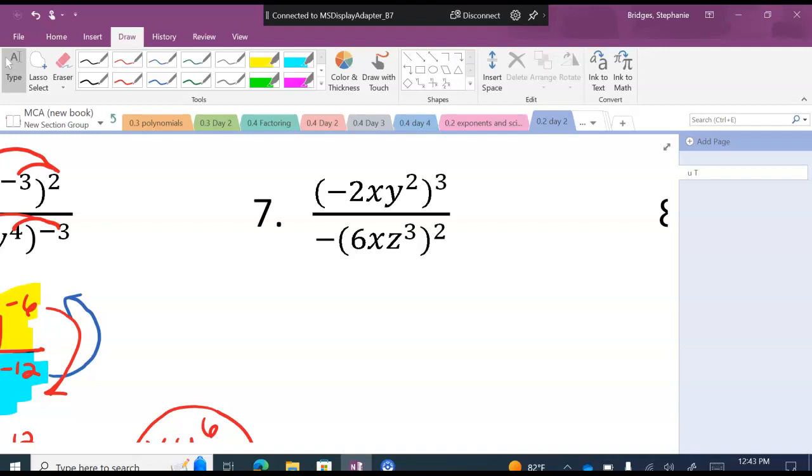Be very careful with this, like we discussed yesterday. Do the negatives in the parentheses go with us or do they wait till the end? It depends on if they are in the parentheses or not.